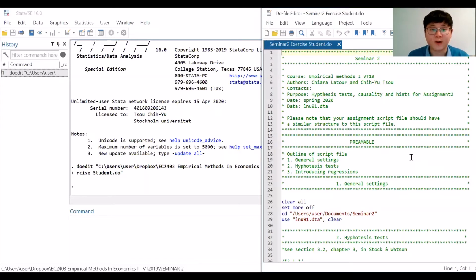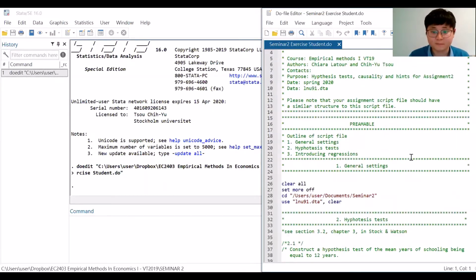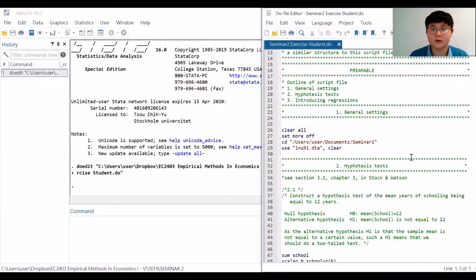So now I already opened the do file that we are going to exercise today. First is the general setting. Today we are going to operate on a different data set called LNU91.